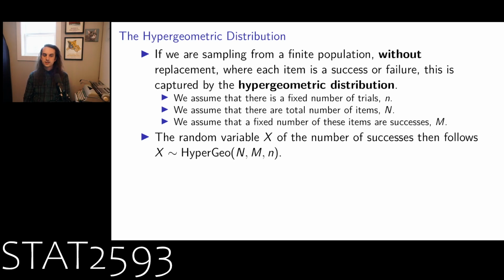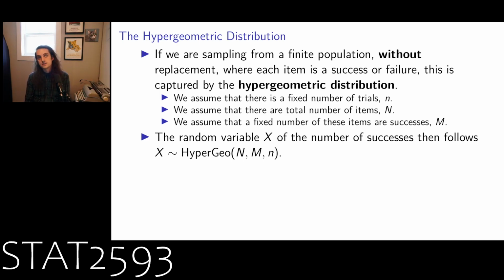Then we say that the random variable X, which looks at the total number of successes, follows a hypergeometric distribution with the 3 parameters N, m, and n. What we're doing is counting the number of successes in a total of n samples.